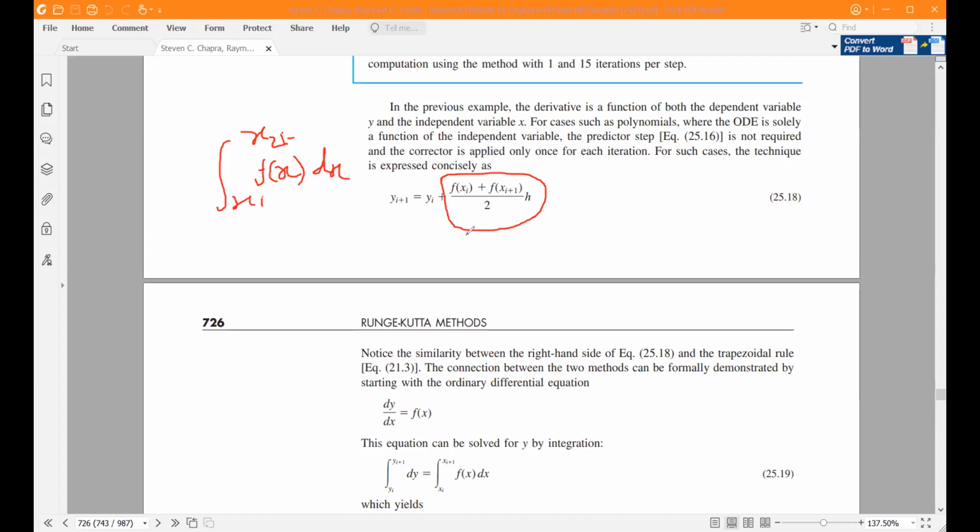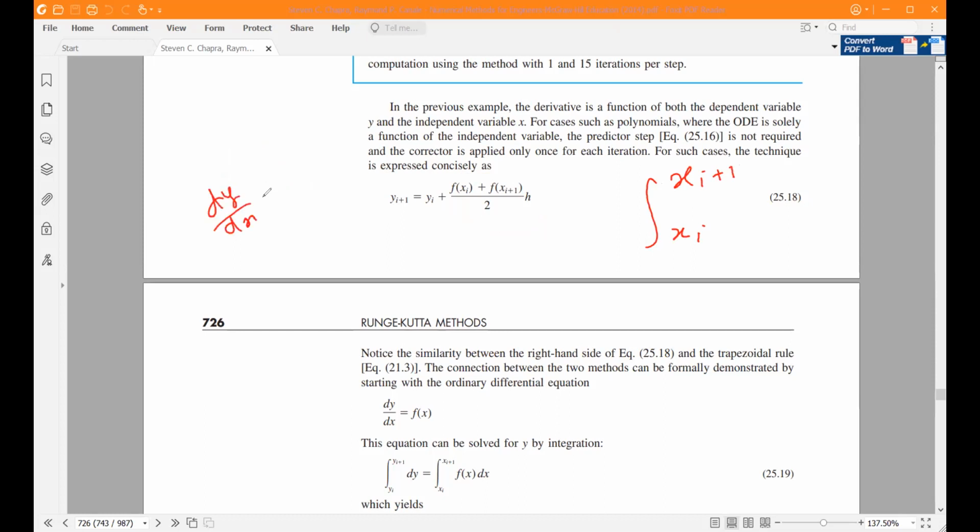Our purpose is, if we are at the interval between xi to xi plus 1, then you have a left hand side, for example dy by dx, equal to, in our case, a function of the independent variable only. Then can we rearrange it in this way? dy is equal to f(xi) dx, isn't it?